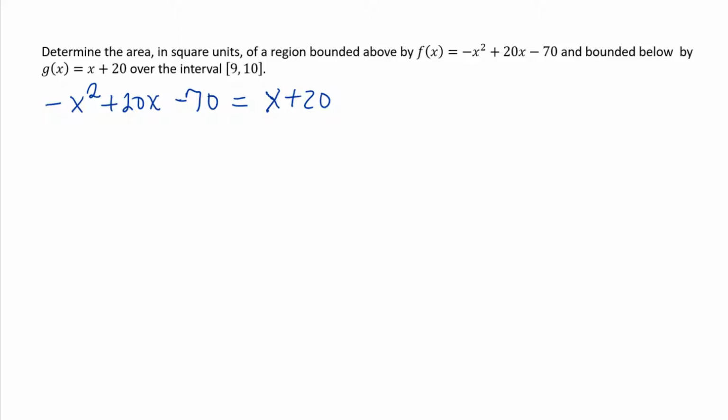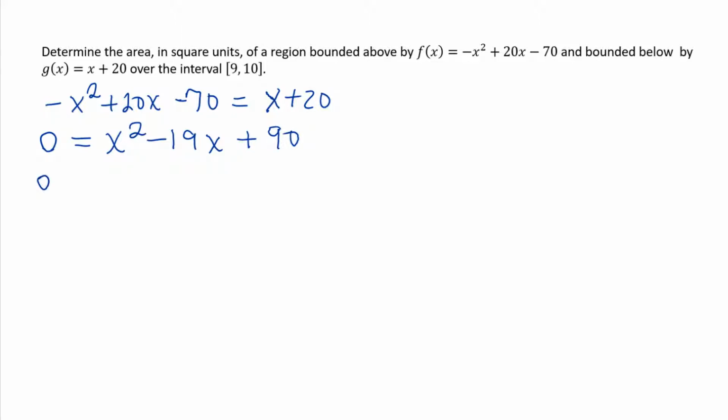So to do that, I'm going to move everything to the right-hand side. So I will have 0 equals, adding x squared to both sides gives me x squared, subtracting 20x will give me 19x, and adding 70 to 20 gives me 90.